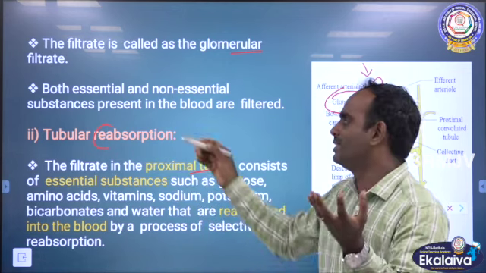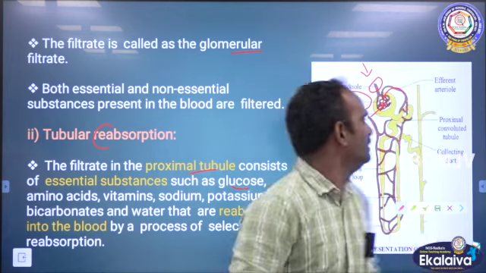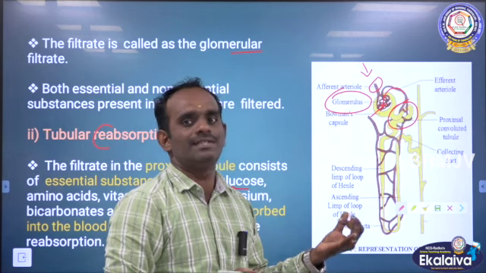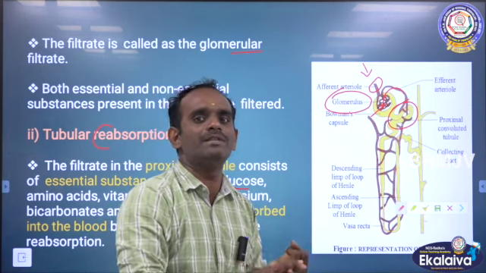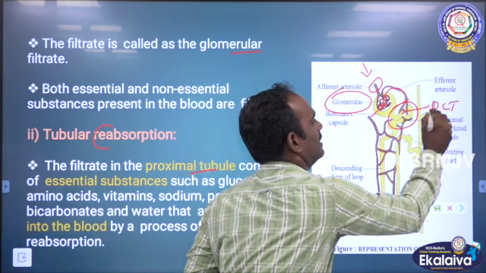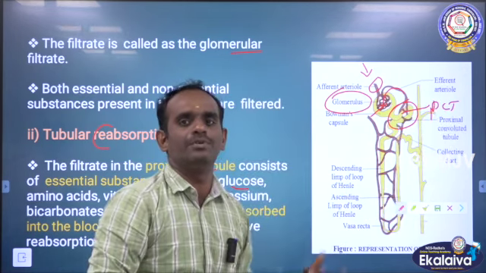The essential substances such as carbohydrates, vitamins and water are all absorbed in the PCT, the proximal convoluted tubule.